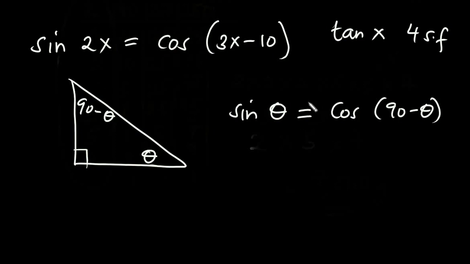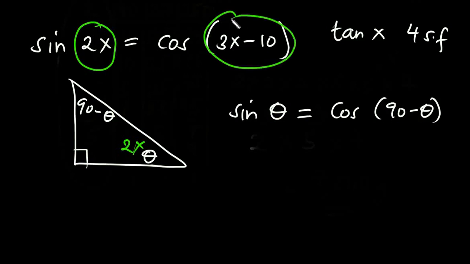So for the sine of 2x, assume this angle now is 2x. For the sine of this angle to be equal to the cosine of this other angle, it means that this angle plus this angle should give us 90 degrees. In other words, they should be complementary angles, that is, they should add up to 90 degrees.